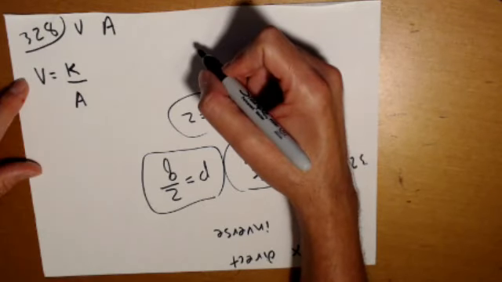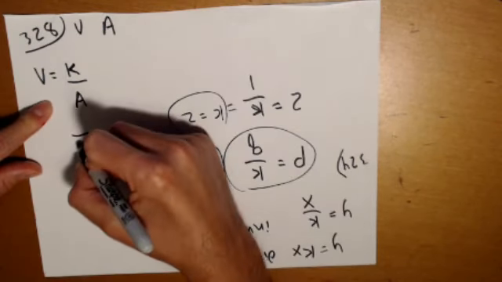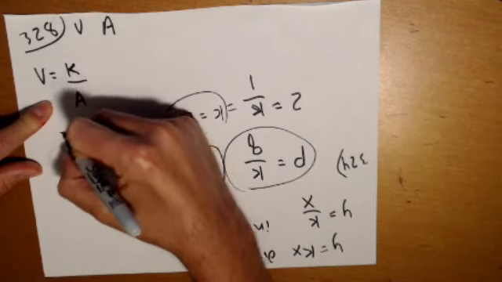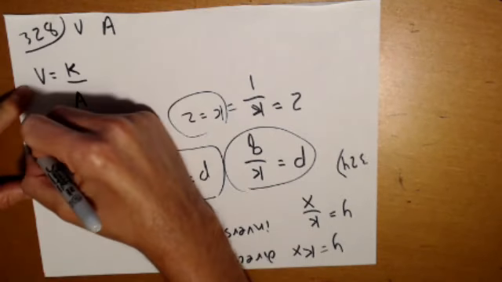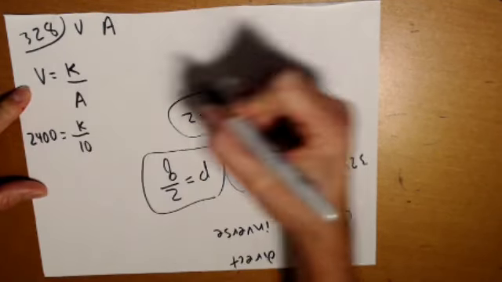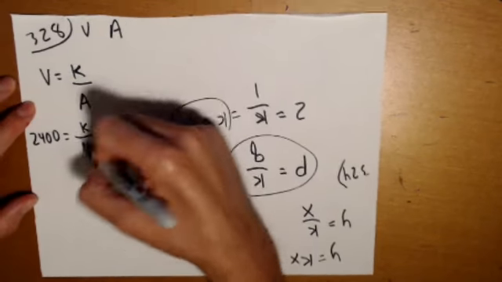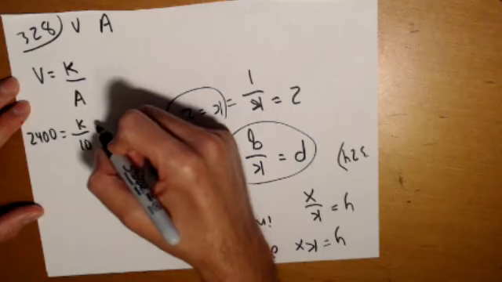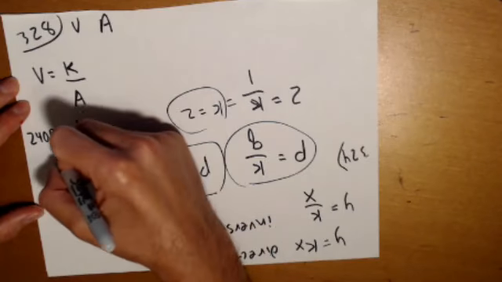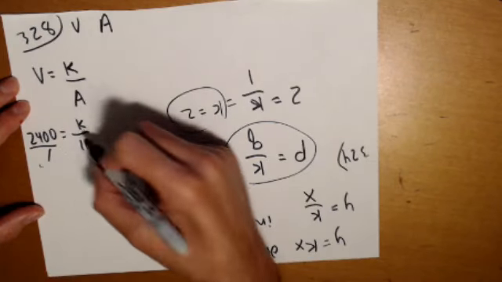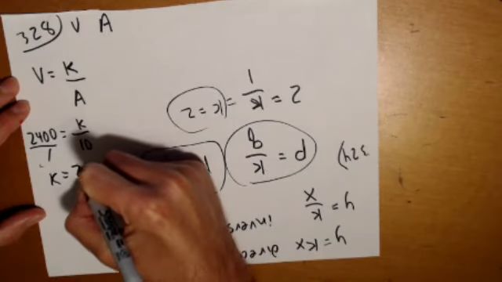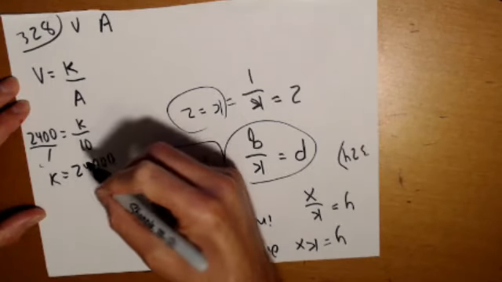Jackie bought a 10-year-old car, 10 years old, for $2,400. Okay, so let's solve for K. Multiply both sides by 10 to get K alone. Or you can do your little cross multiply trick. So K is equal to 24,000.